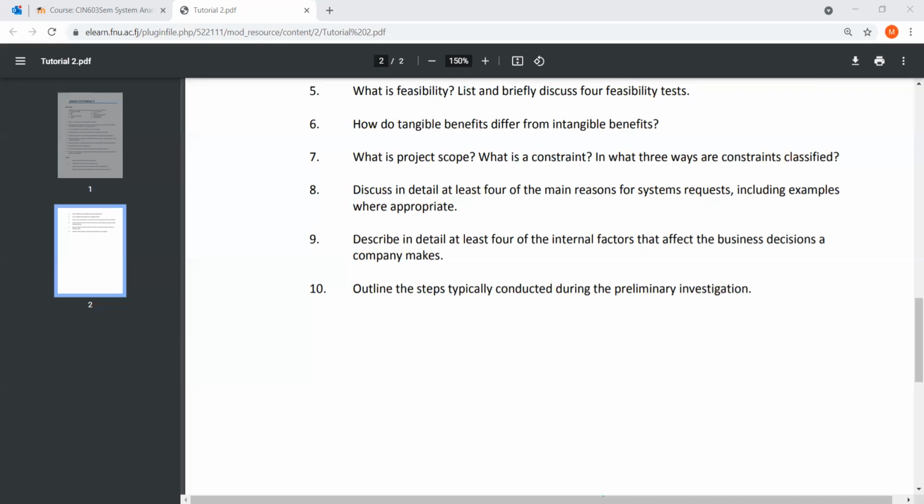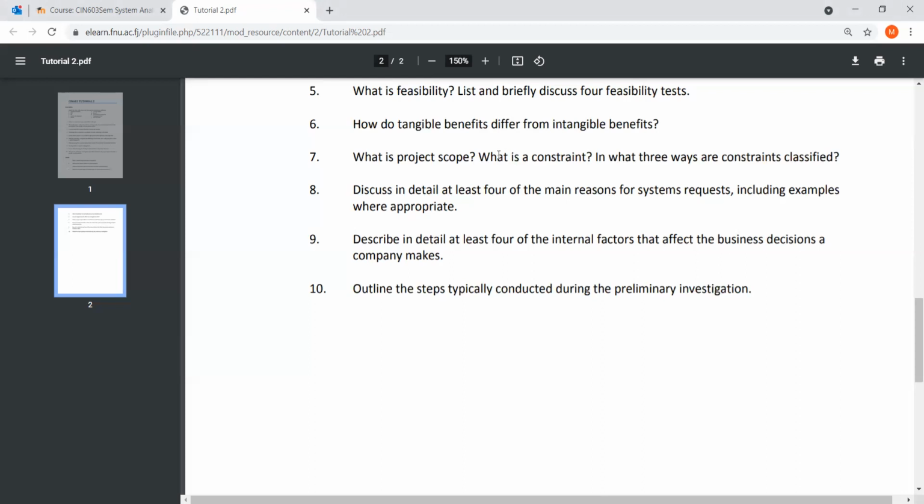Example, customer satisfaction or employee job satisfaction. Pretty simple.